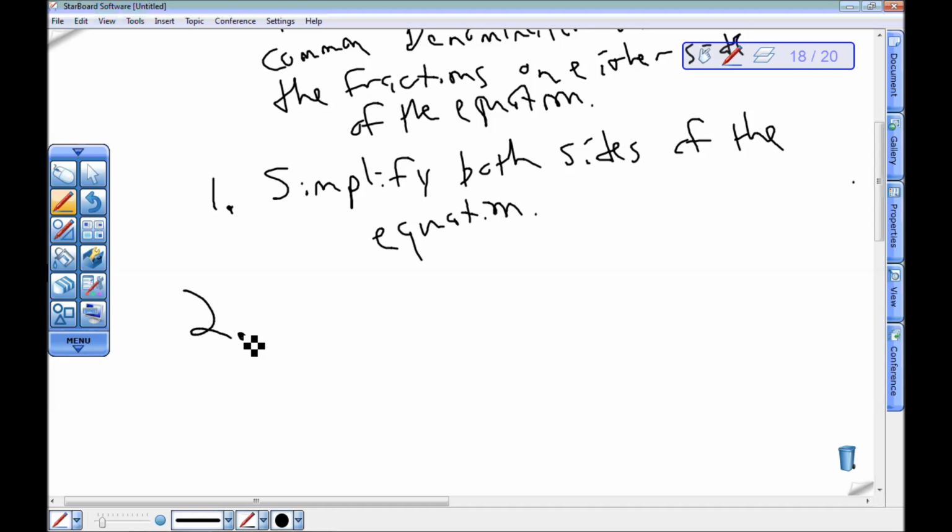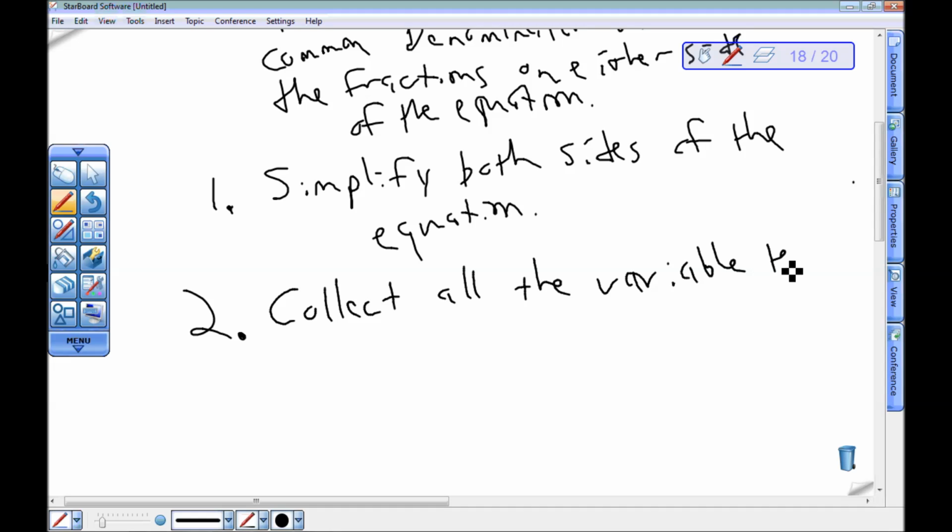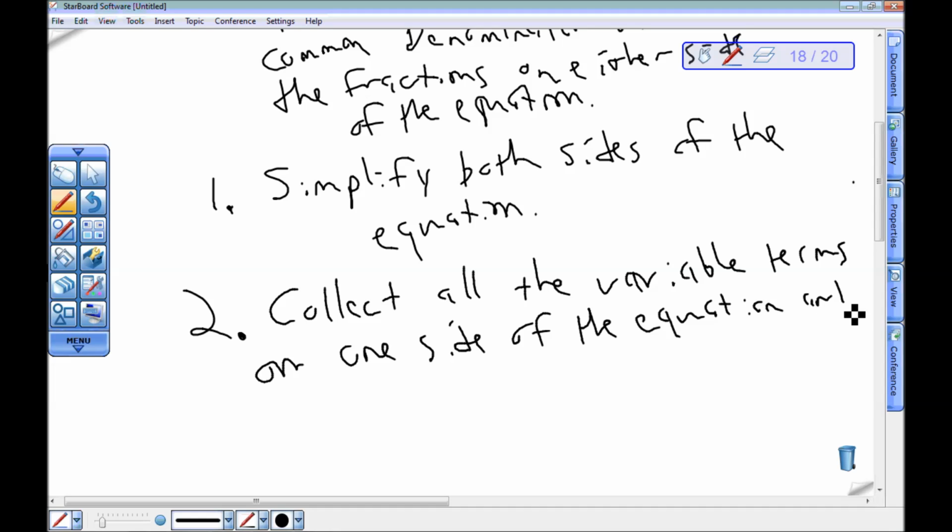Okay? Step 2. At this point, you should just have some things added or subtracted from each other on both sides of your equation. You might have something times your variable, a number times your variable, but nothing else crazy going on. So our next step is to collect all the variable terms on one side of the equation and all the constant terms on the other.